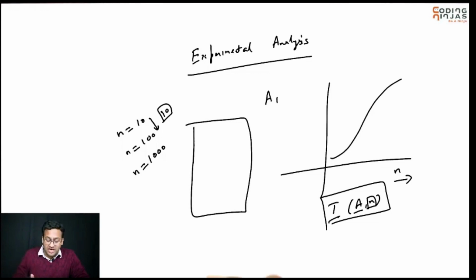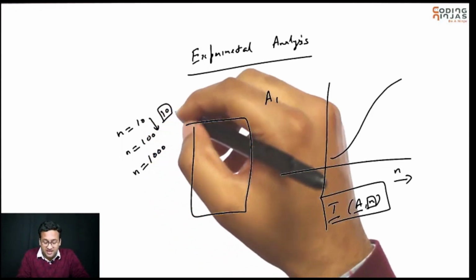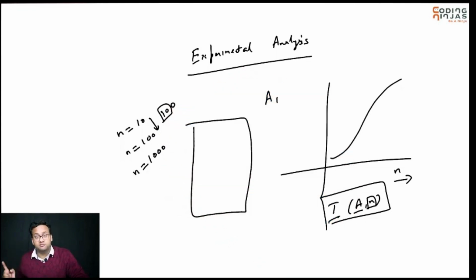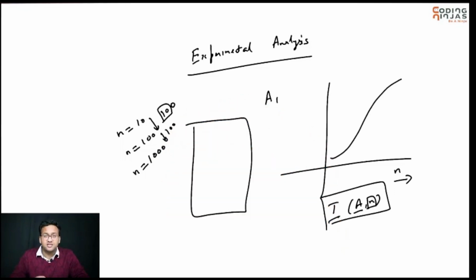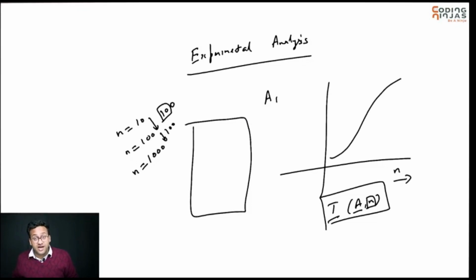Whereas if I increase n by 10 times and my time increases by 100 times, and again I increase it by 10 times and it again increases by 100 times, then it's telling me that a tenfold increase in n means a 100-fold increase in time taken. That means we are looking at an n squared kind of algorithm, something that runs in the square of the input size. So that will give us some sense of how much time our algorithm is taking.